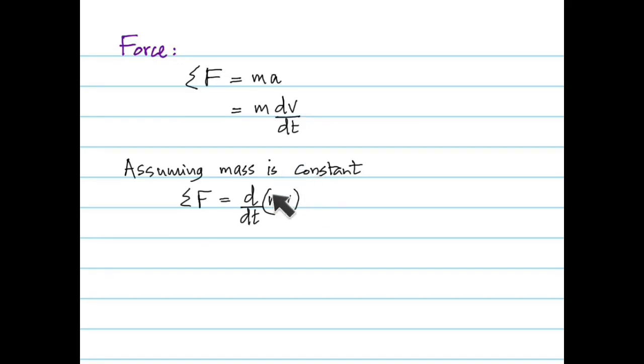Well, that's interesting. What is this quantity called? Momentum. So we get a new definition for force. Net force is equal to change in momentum by time. So net force is dp by dt. That is another way of expressing force. dp by dt.